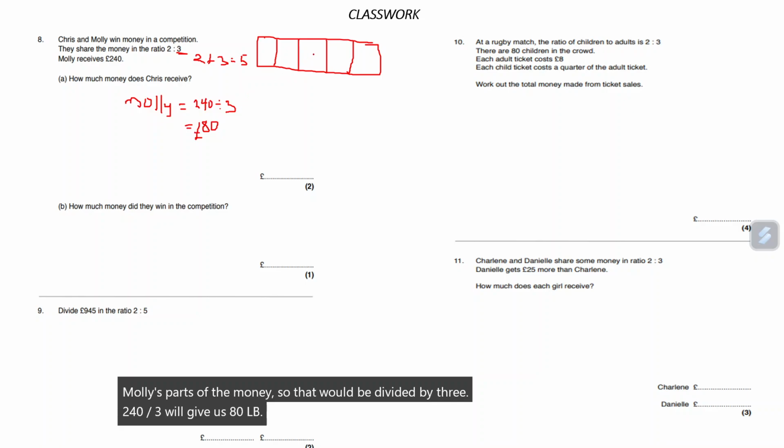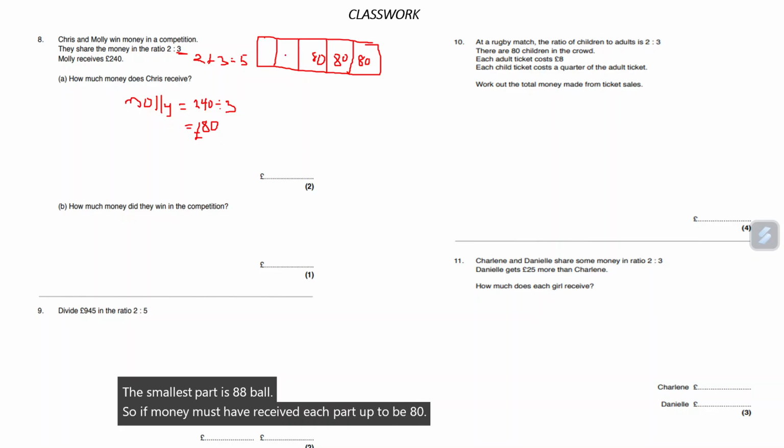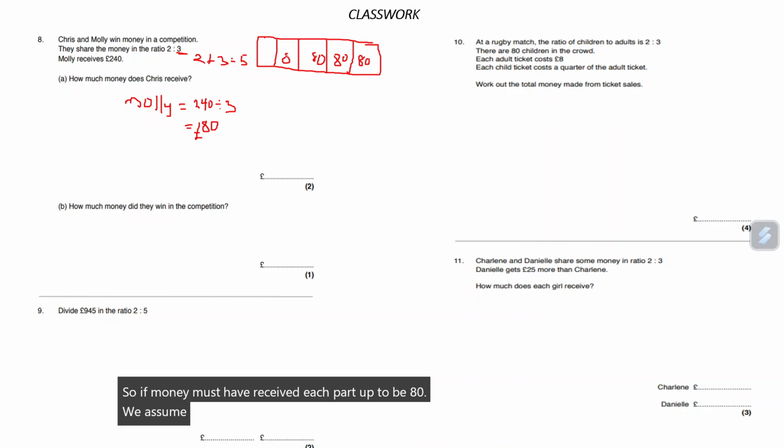So meaning each of Molly's parts is 80 pounds. So if each of Molly's parts is 80, we assume that the other parts should be 80 too.